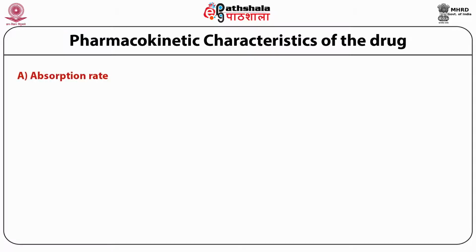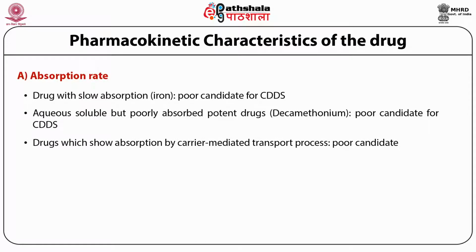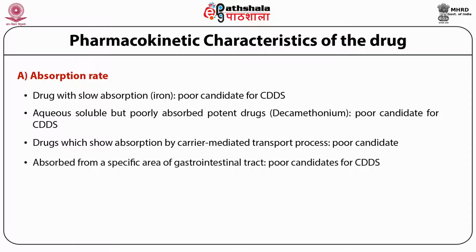The drugs absorbed with a variable absorption rate or slow absorption rate are the poor candidates for the controlled drug delivery system. Poorly absorbed potent drugs with high aqueous solubility and drugs which show absorption by carrier-mediated transport process or absorbed from a specific area of gastrointestinal tract are the poor candidates for the controlled drug delivery system.